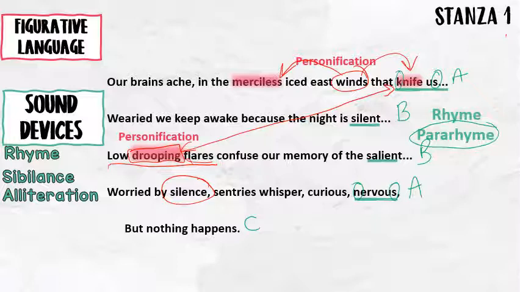These start and end with the same consonant sounds, but the vowel sound, what's in the middle, they are different. So the vowel sounds are not the same. So you can see here, silent, salient, both start and end in the same way, but the vowels are different.